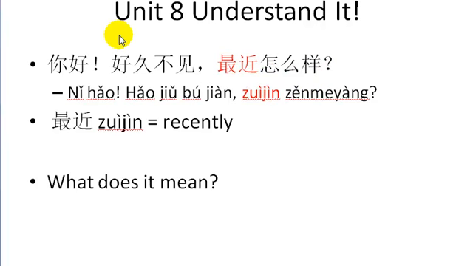You know everything here except this 最近, and 最近 means recently. 最 is the character that's used for most, and you'll see how 最 is used to do superlatives later on. 近 means recent or close. So 最近 means recently.